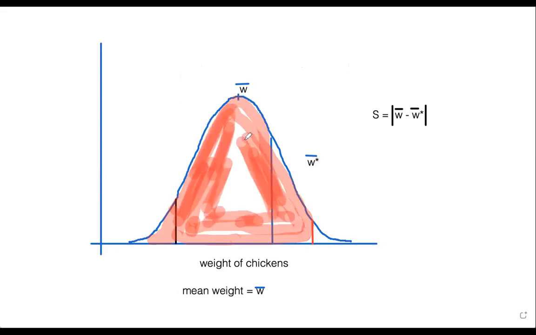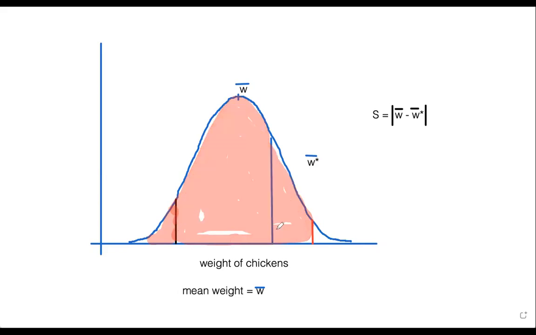The difference between the average before selection and the average after selection would be very great. So how big S is a measurement of how stringent my selection process actually is.